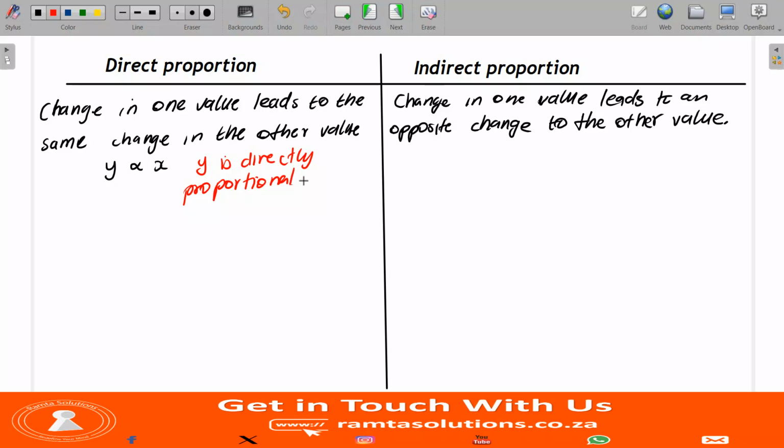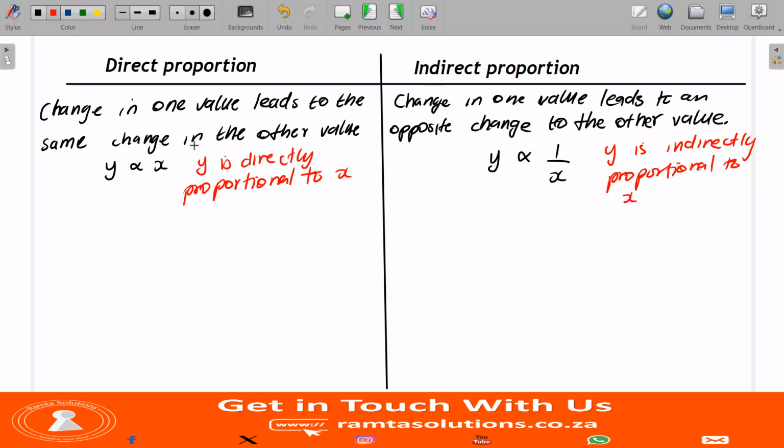Here, we are saying y is indirectly proportional to x. In red, y is indirectly proportional to x.